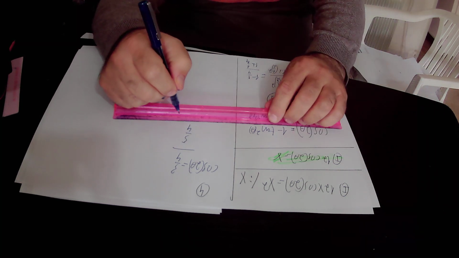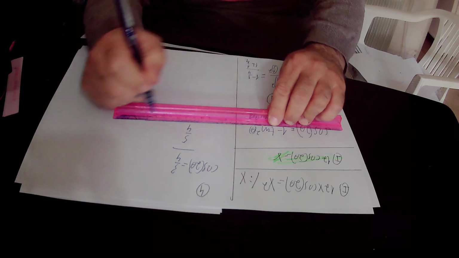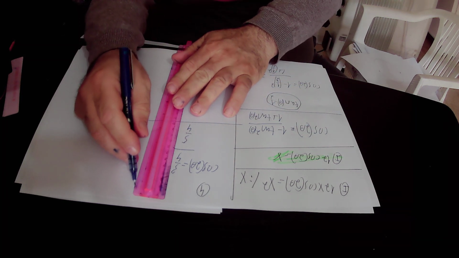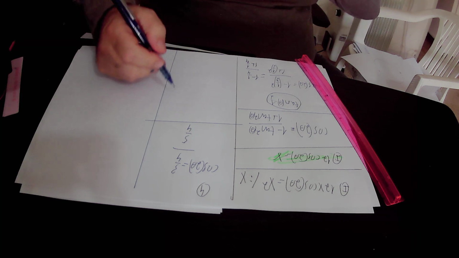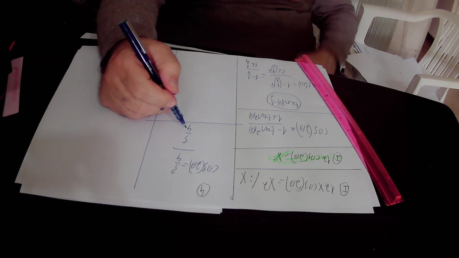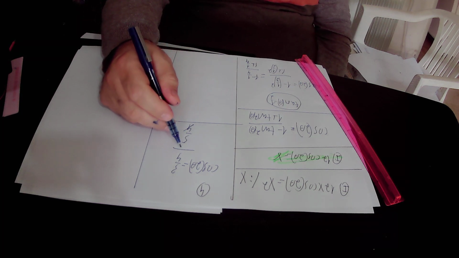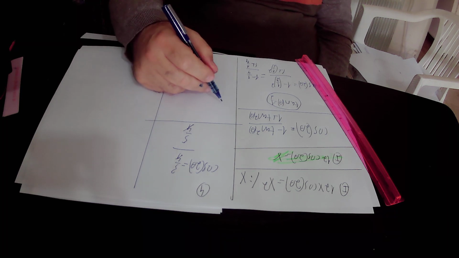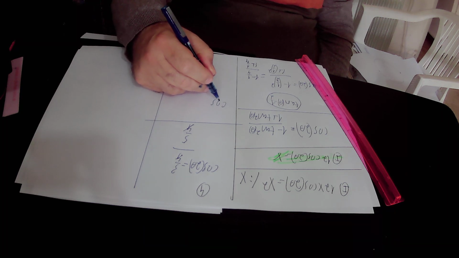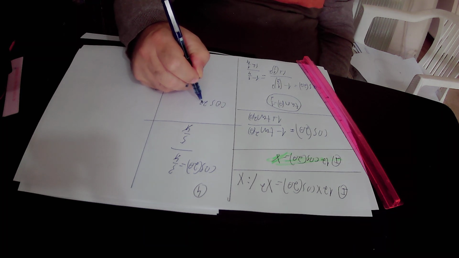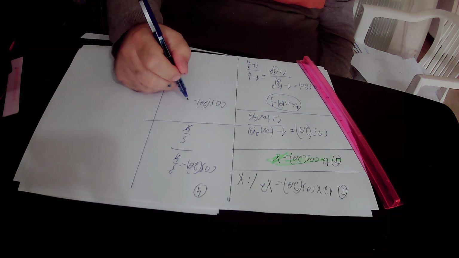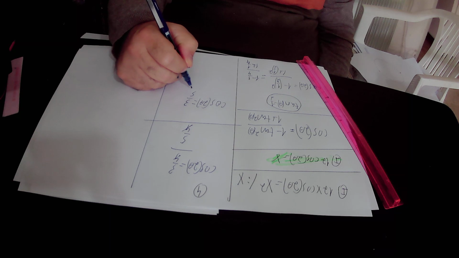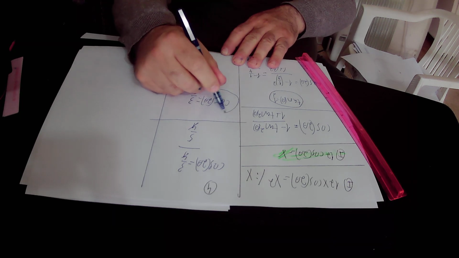So here we have 4 in the numerator and 4 in the denominator, so 4 will get cancelled. And we found out that cosine 2 theta equals 3/5.